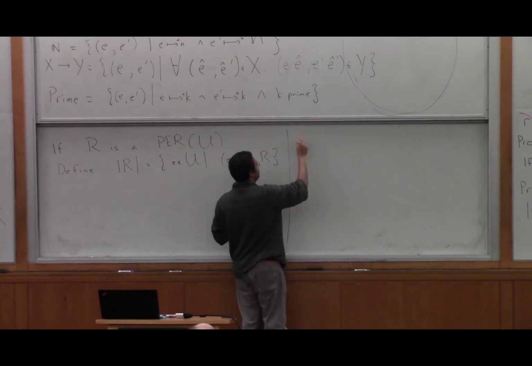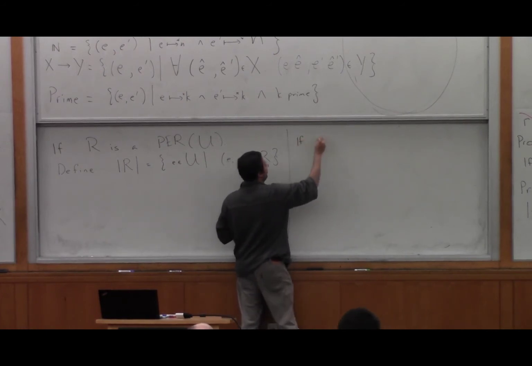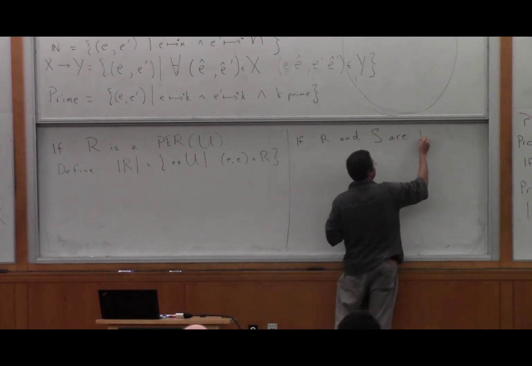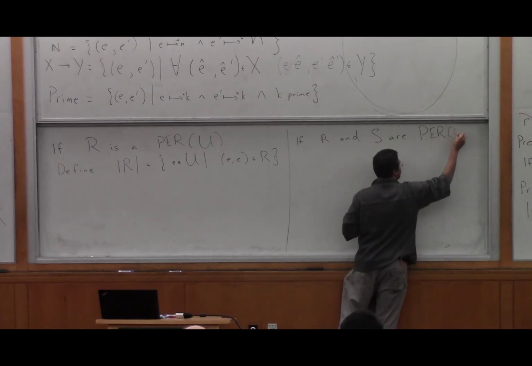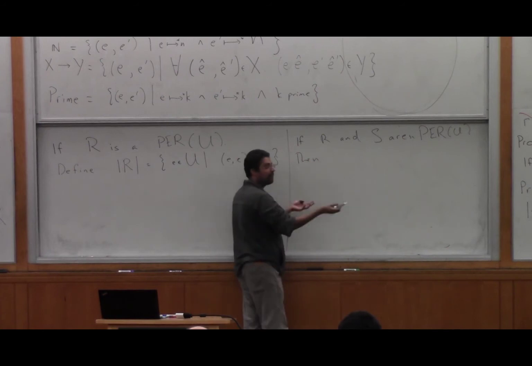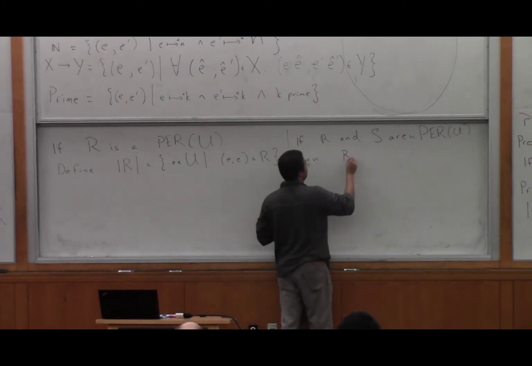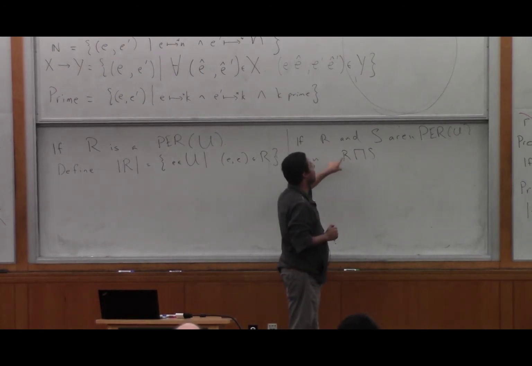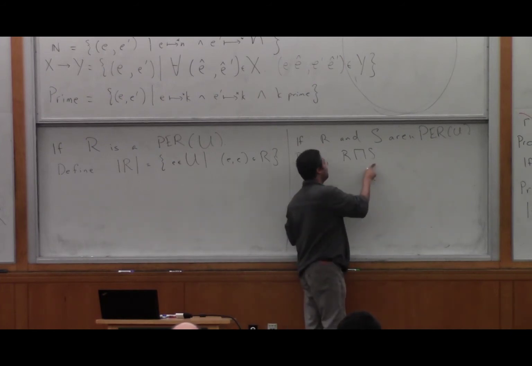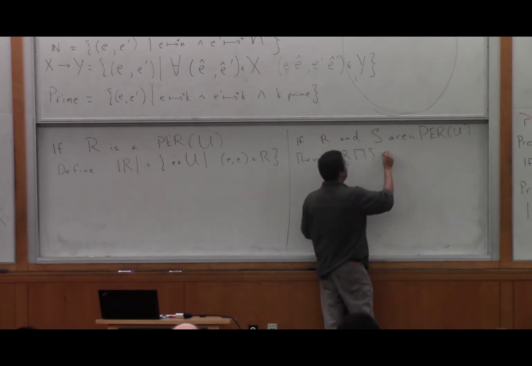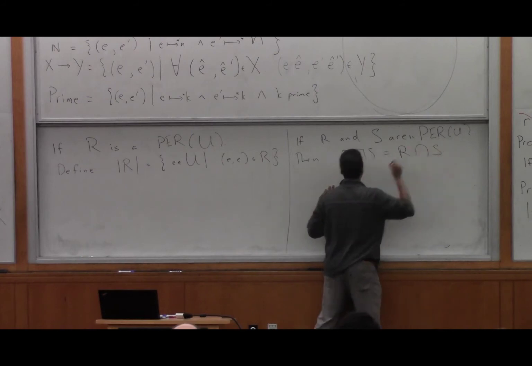If R and S are pairs, then you can define a meet operation on this lattice. It'll be the infimum of the set, the greatest lower bound, and it's just going to be the intersection.